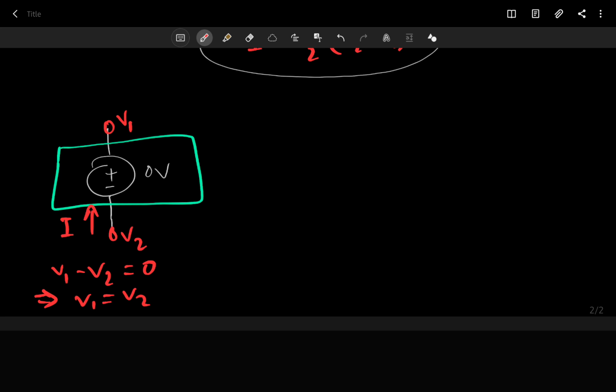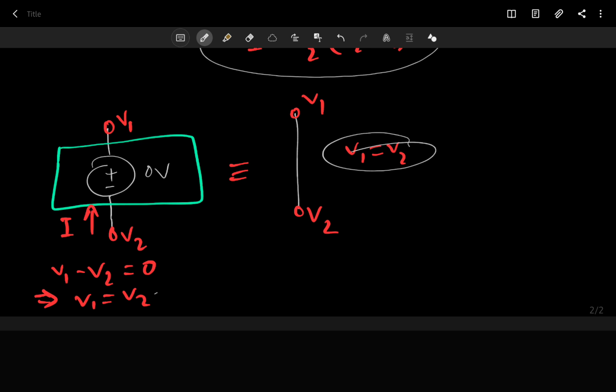So the voltages are the same on both terminals, and this is actually equivalent to just a piece of wire, because if you have a piece of wire, the terminal voltages and any voltage on the wire are exactly the same. So V1 must be equal to V2. So here we have the same equation for two circuits and they are equivalent.